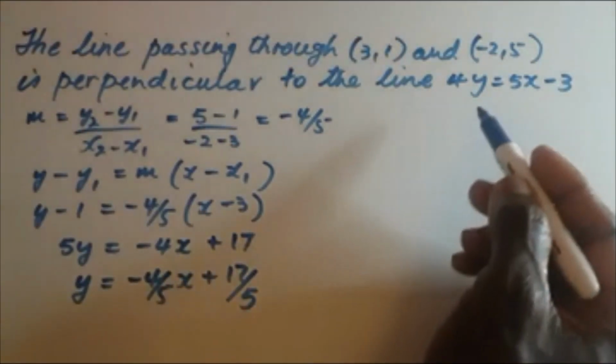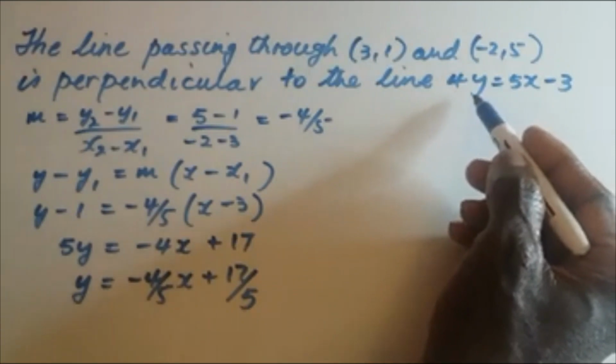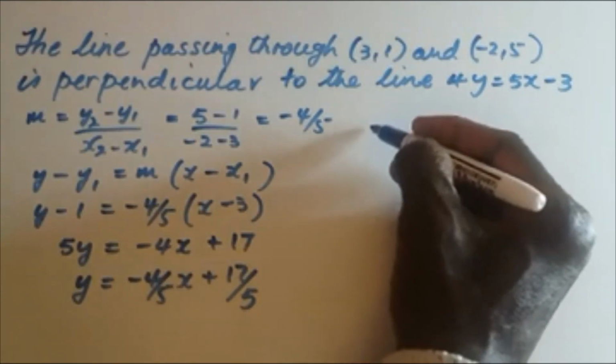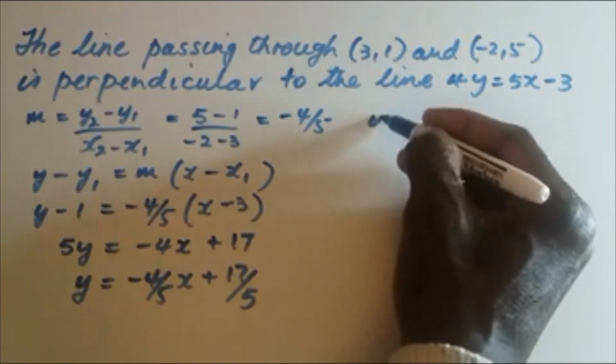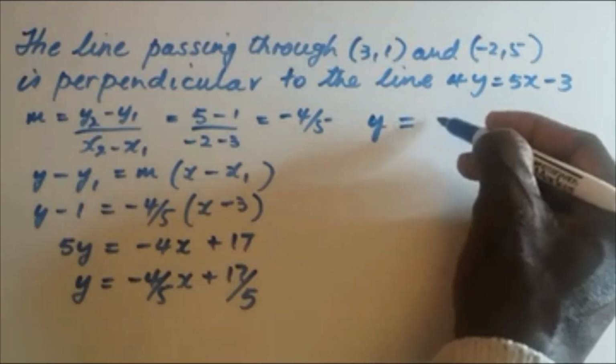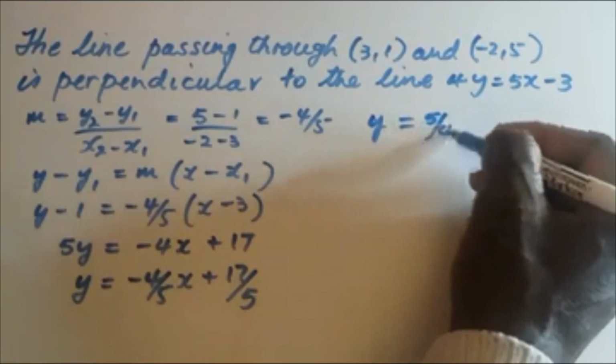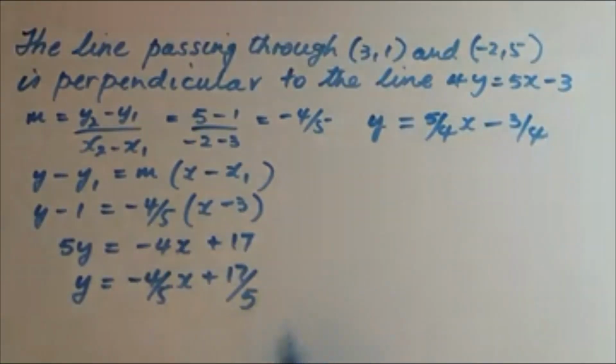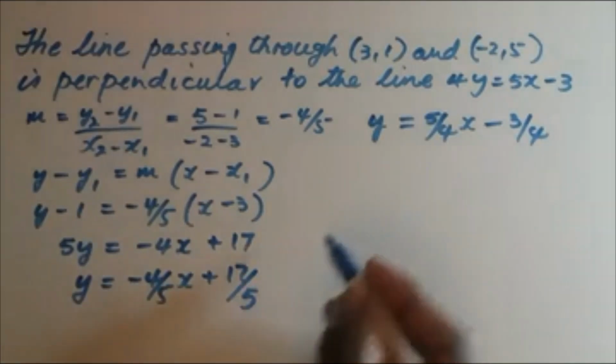Now let's rearrange the other equation into standard form, and then we can see what the gradient is. So we have y = 5/4 x - 3/4. So we know the gradient is 5/4.